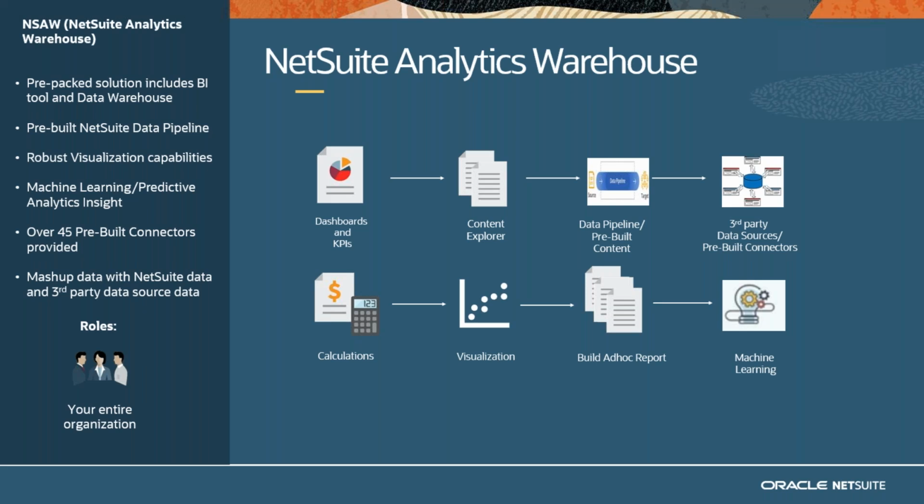We'll also go through the Content Explorer. The Content Explorer is a great repository where it basically documents everything in the data warehouse. So you can go there if you're looking for specific key metrics, or you're looking for answers to common business questions. This is the great place to go to find that information.